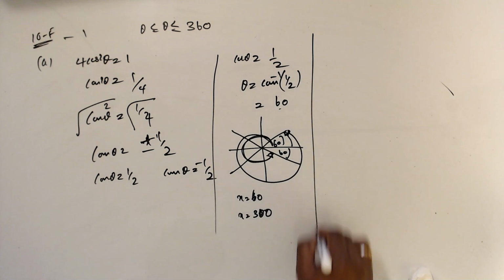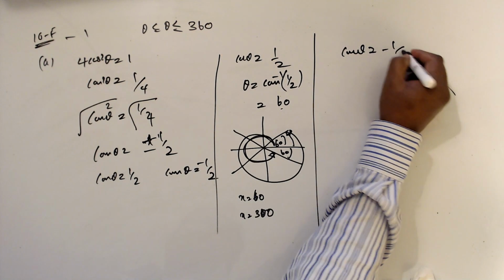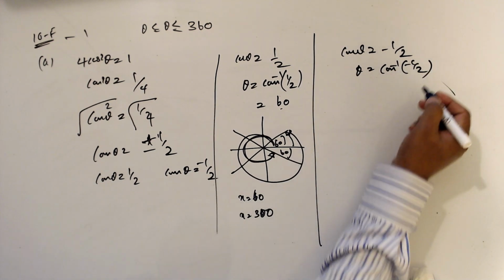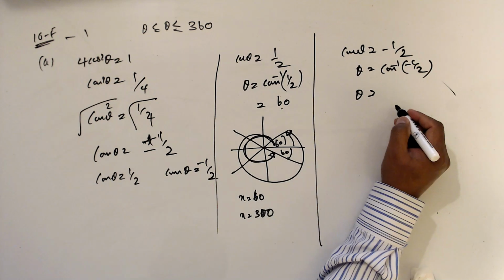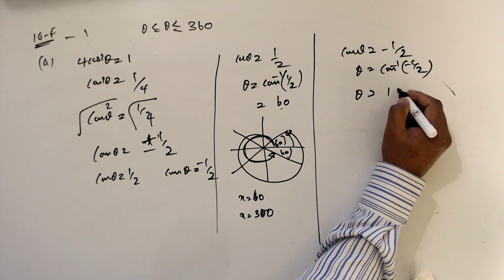So this one is going to be cos theta equal minus half. Theta equals cos inverse of minus half. It means theta is going to be, this answer is 120.